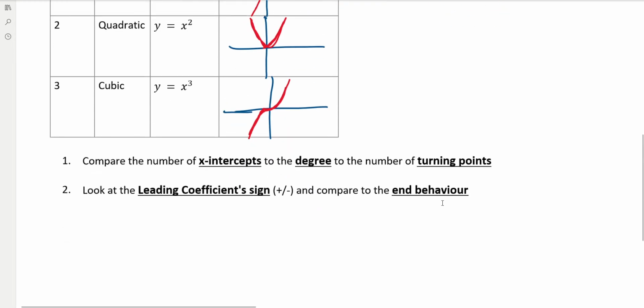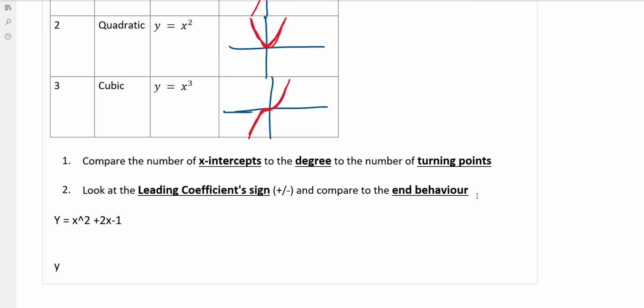So let's just take a look at some options here together and see what happens. So let's do y equals x squared plus 2x minus 1. Let's try that one out.